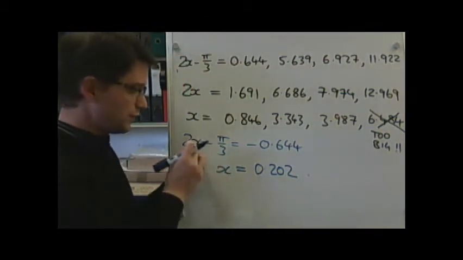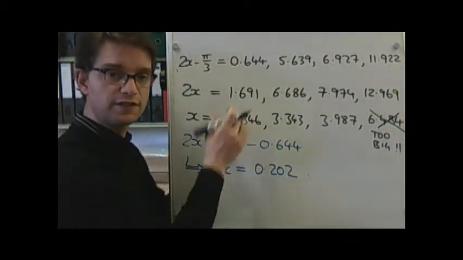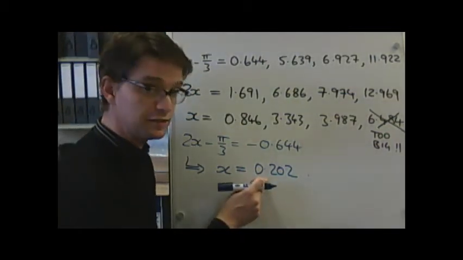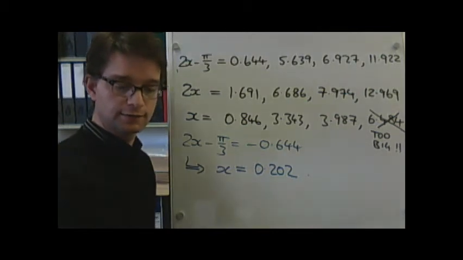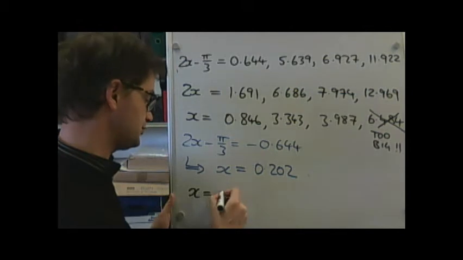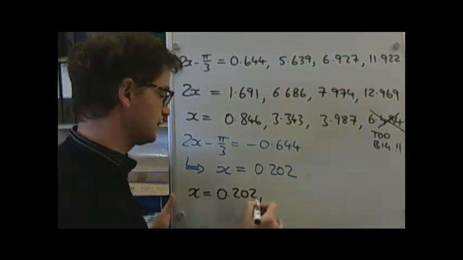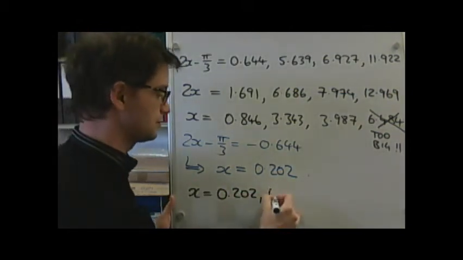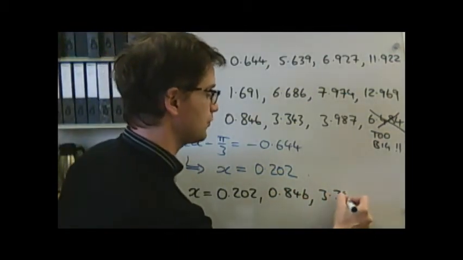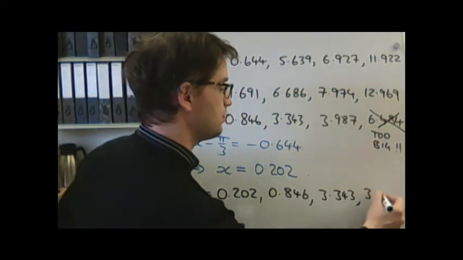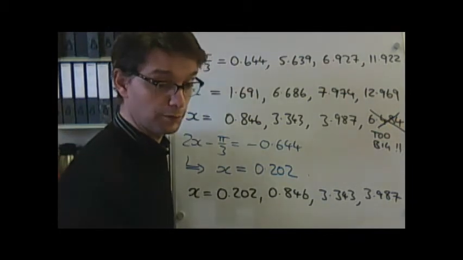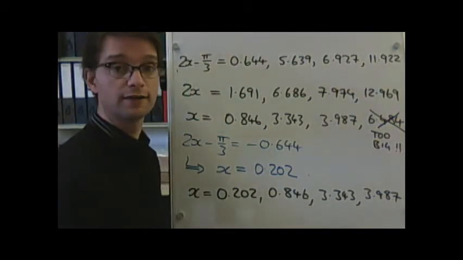If you just solve this linear equation in the same way that we've solved these linear equations, we get x equals 0.202, which is between 0 and 2 pi. So my complete set of solutions now is x equals 0.202, 0.846, 3.343, and 3.987. Those are the four solutions of my initial problem, cos of 2x minus pi by 3 equals 0.8.